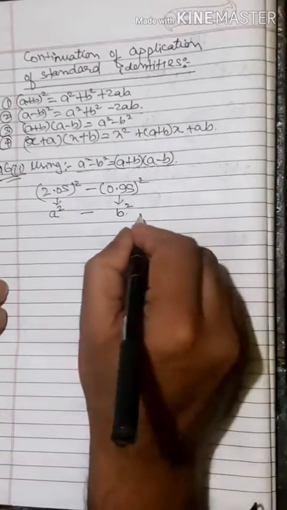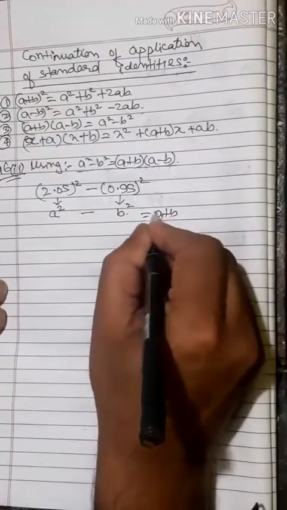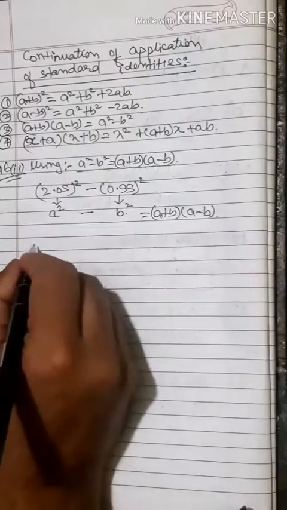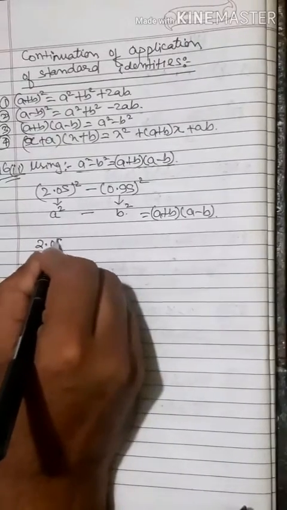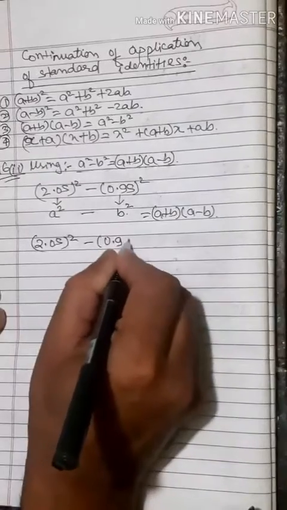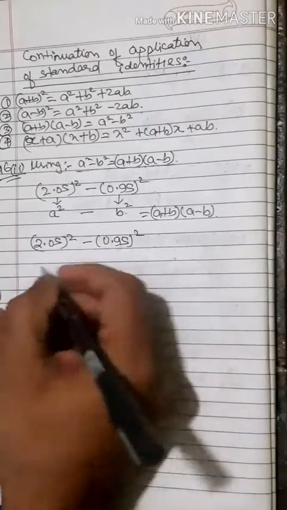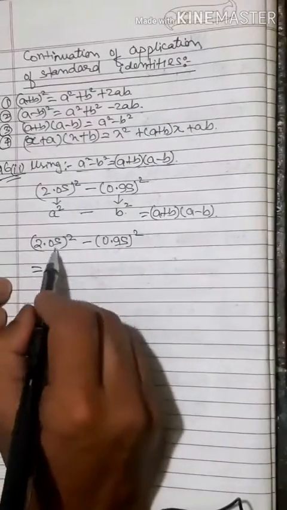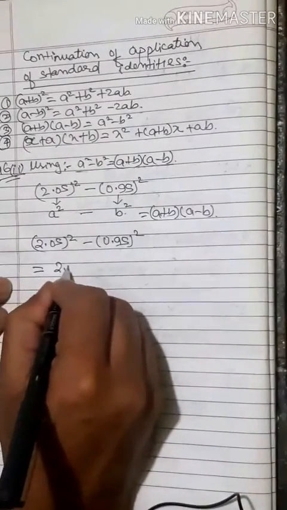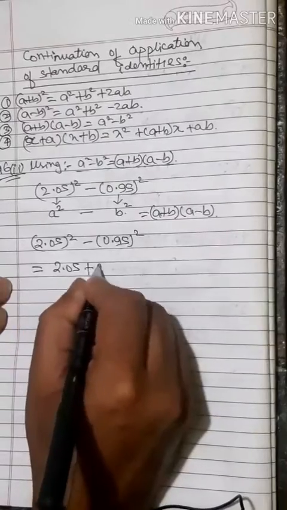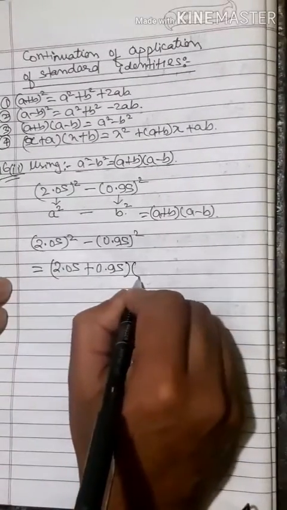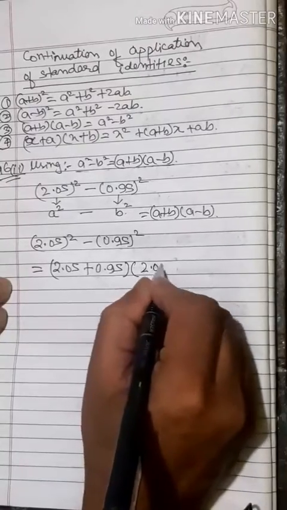So 2.05 whole square minus 0.95 whole square is equal to (a plus b) multiplied by (a minus b).